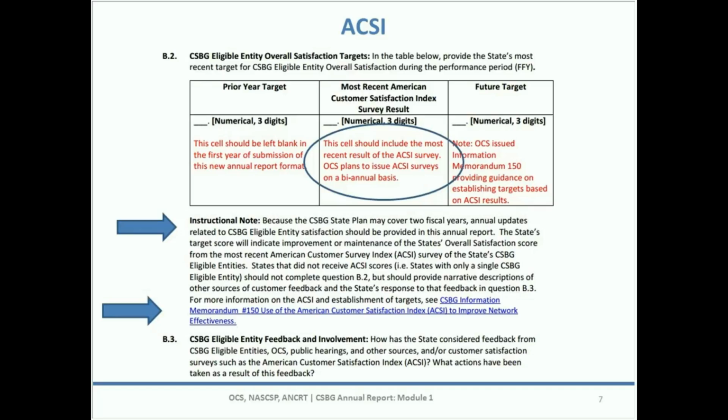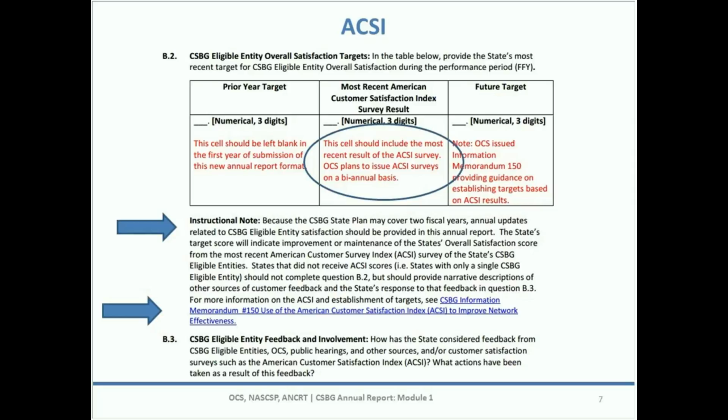Okay, one of the new sections in Module 1 has to do with the ACSI, which is the American Customer Satisfaction Index, which OCS has been involved with in the last couple of years. And this is part of Section B, which has to do with statewide goals and accomplishments.